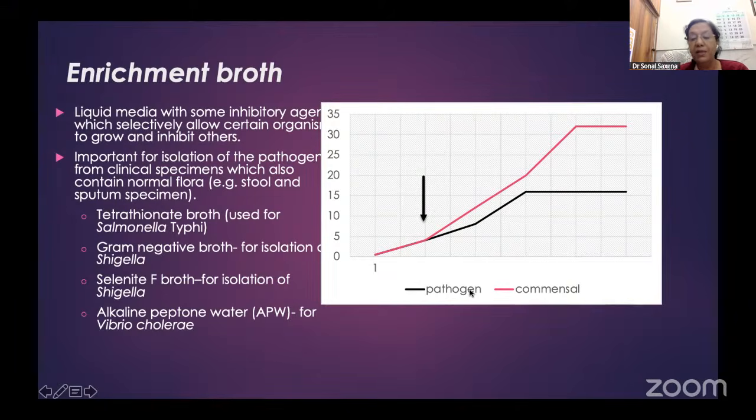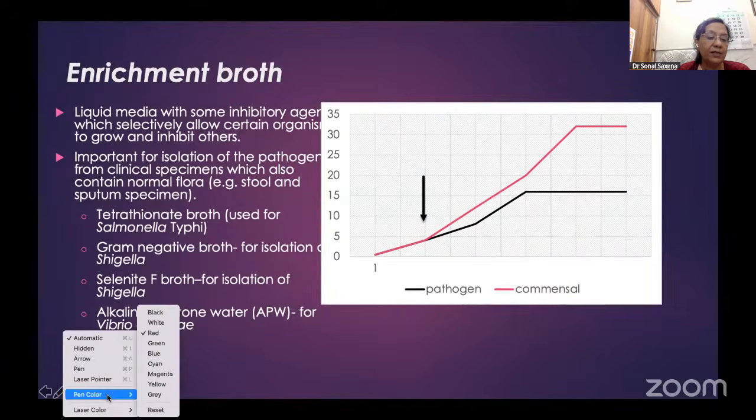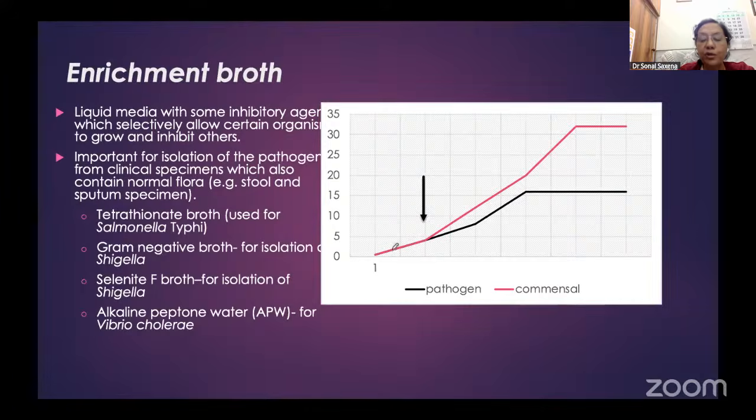Now, what happens in alkaline peptone water? Let me come up with a pen and show it to you. If you have alkaline peptone water, initially there is a lag phase where all the commensals are running, going ahead, and later on it takes this form.